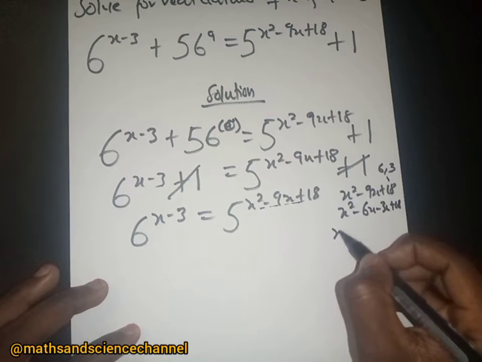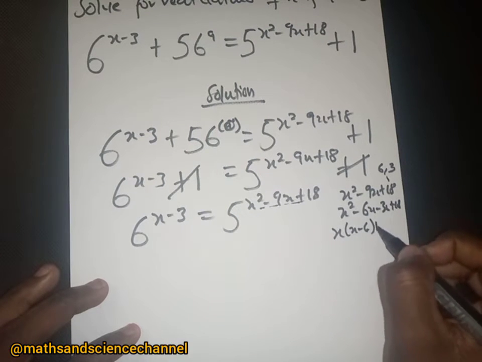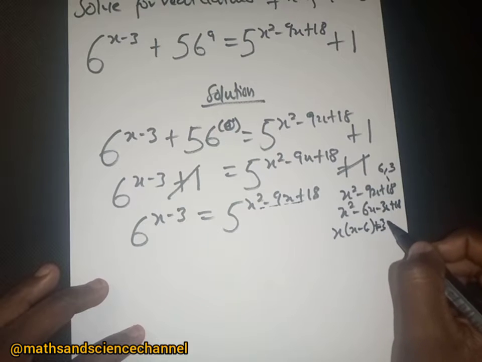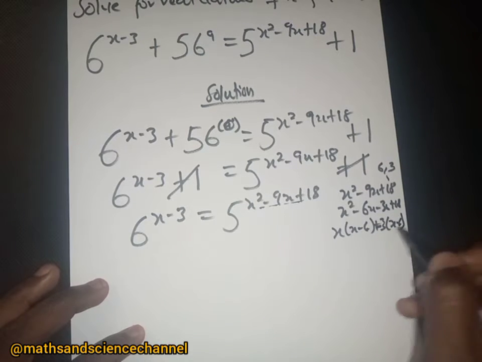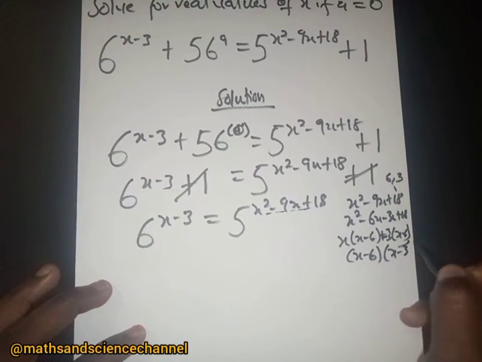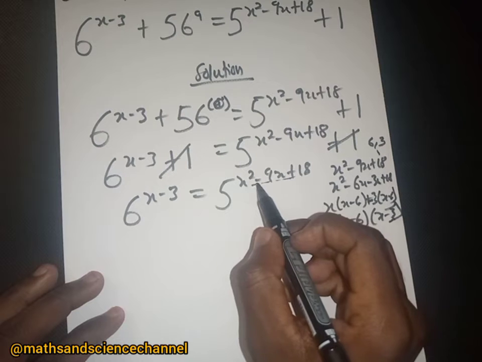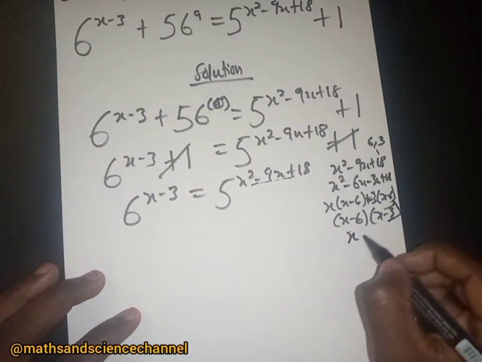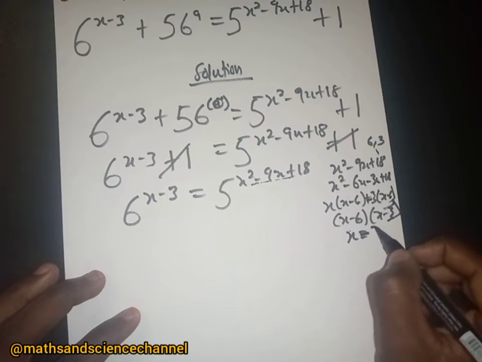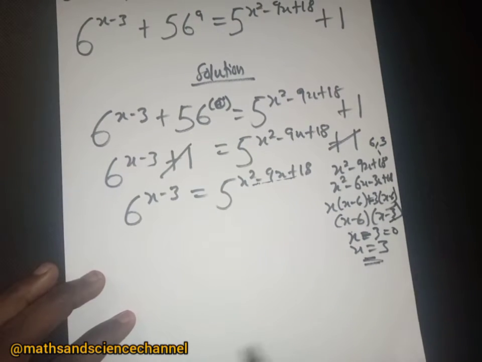When we factorize, we have x minus 6 and also x minus 3 as the exponent. Now when we substitute that, we can have x minus 3 equal to 0, then x is equal to 3.